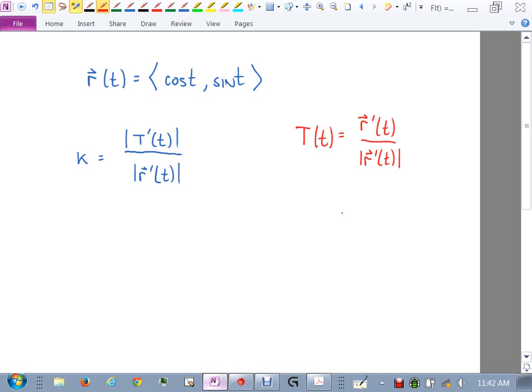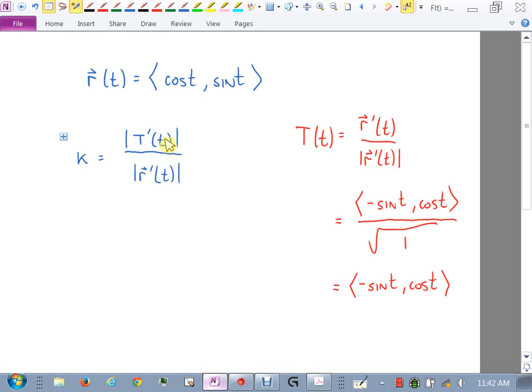What is the derivative? Negative sine t, cosine t. What is its magnitude? It's going to be 1, the square root of all that stuff. So capital T is the vector negative sine t, cosine t.